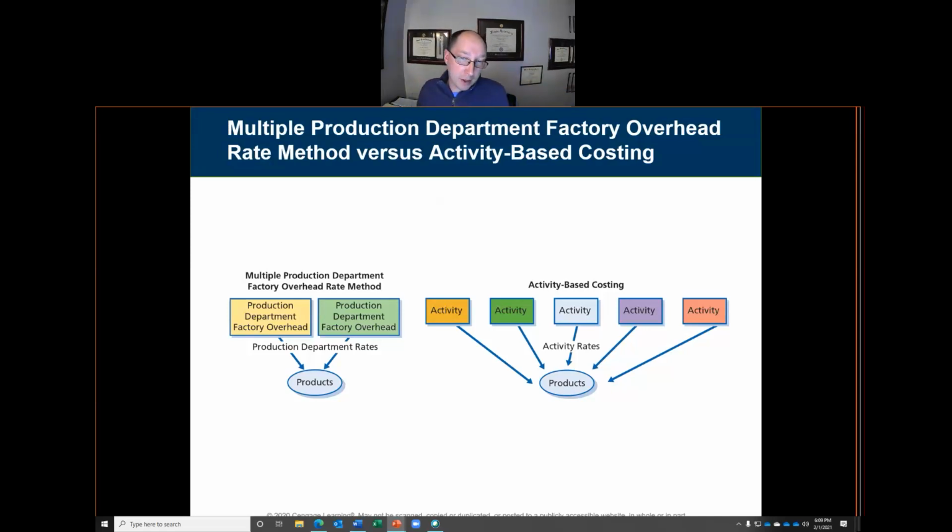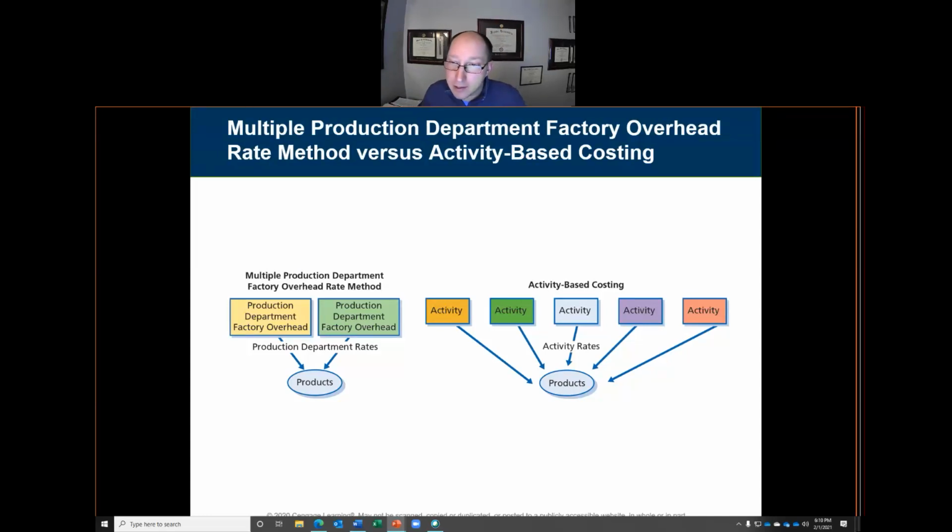In activity-based costing, we no longer have departments. We have activities. So an activity would be assembling the engine. An activity would be welding the body. An activity would be adding oil to the engine. An activity would be whatever else you could think of, right?